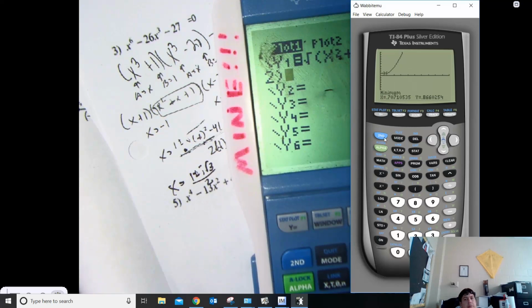707 is a familiar number to me. I've been doing trig for 24 years. It's root of 2 over 2. There's your lowest x value. That 0.866 thing, I think you saw a y value, 0.866 something.